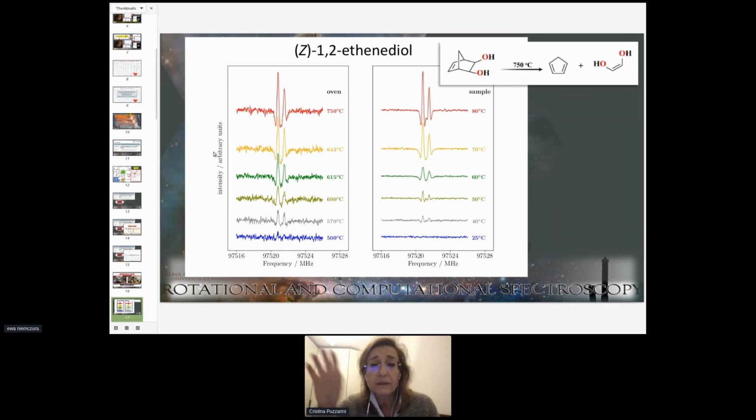And here on the top right, you can see the synthesis we carry out inside the oven. And as you see, we had to adjust the temperature of the precursor and the temperature of the oven in order to have the best signal-to-noise ratio.